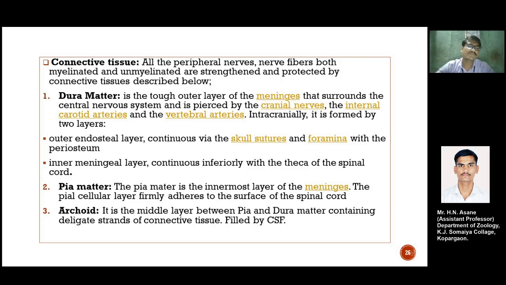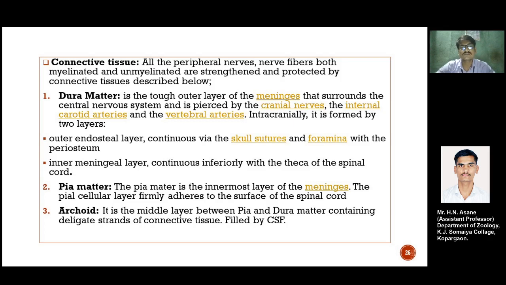Okay, so the first one is the dura mater. This dura mater is the tough outermost layer of the meninges. These three in collaboration are known as the meninges.